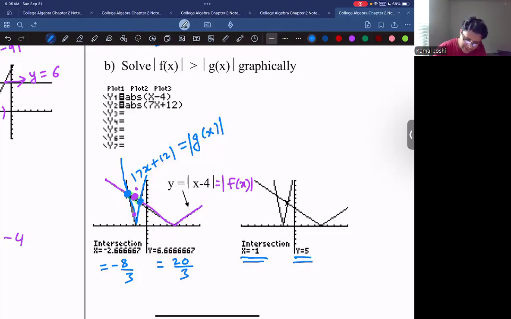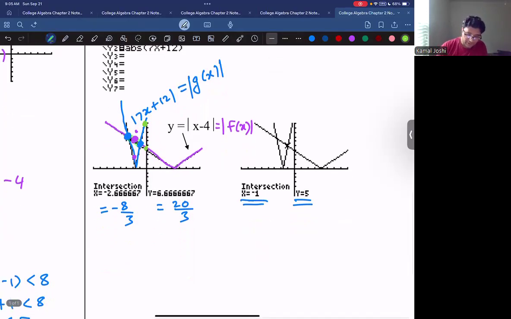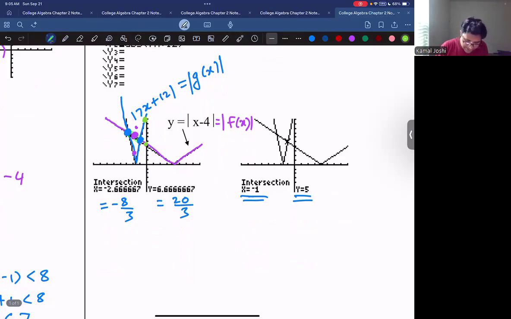The moment I cross that, let's say if I'm here, now g is greater than the corresponding value of f, and that happens on both sides. g is going to go up very quickly and f is growing slowly on both sides. So beyond that, either on the left or right, g is greater than f. All right, so clearly the answer is simple.